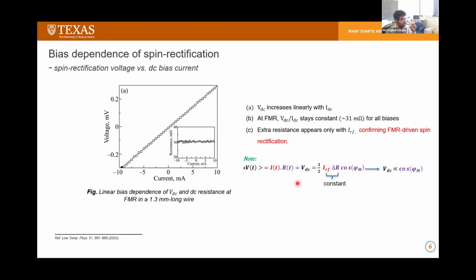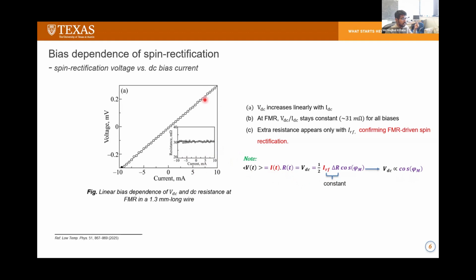And by the way, we know that the DC bias does not modify the magnetic precession itself, but it likely influences the phase relationship. Therefore, we can say the amplitude of the photovoltage changes with the DC current.